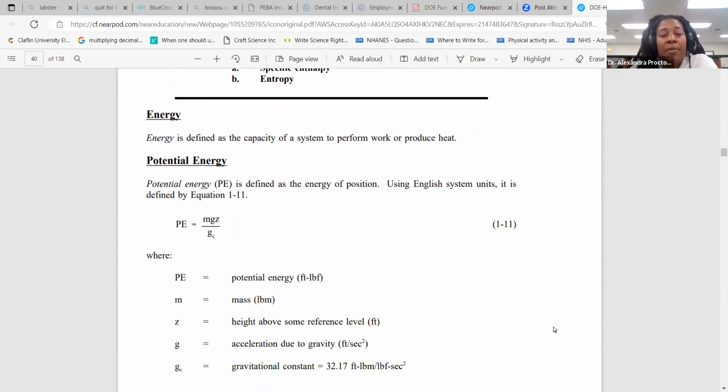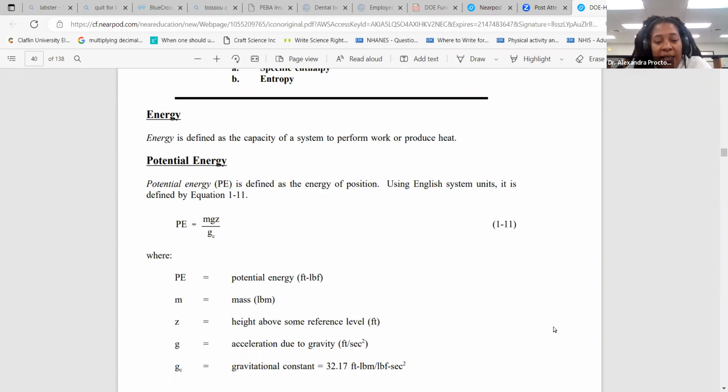So the equation for potential energy is PE is equal to mgz divided by the gravitational constant. Potential energy is in foot-pounds force. M is defined as the mass, in pounds mass.